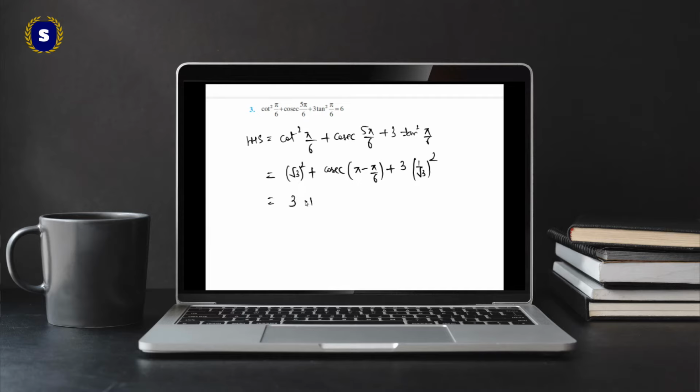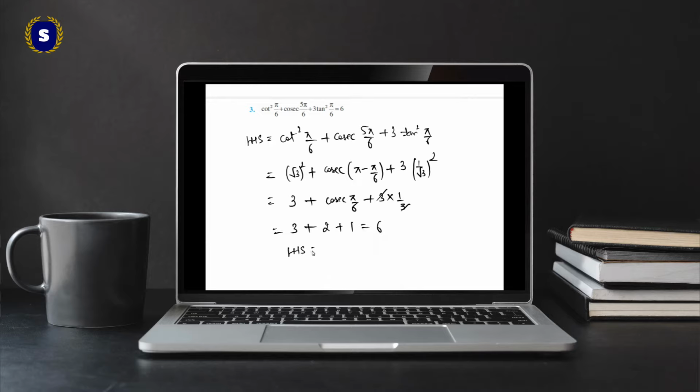This will become 3, and this will become cosec pi by 6. This is 3 into 1 by 3. So this comes out to be 3 plus the value of cosec pi by 6, which is 2, and this is 1. So the final answer is 6.